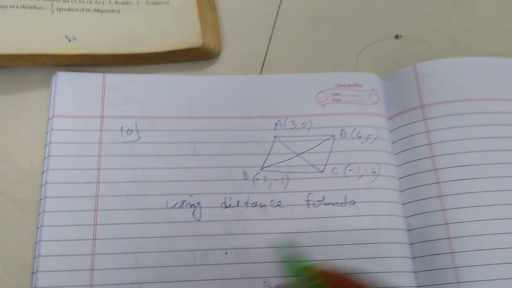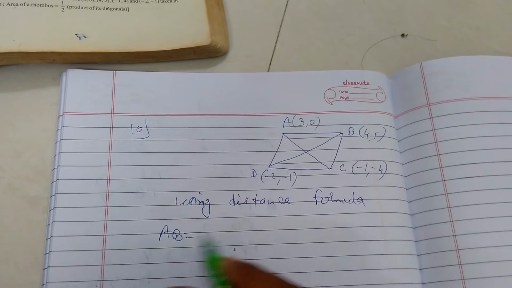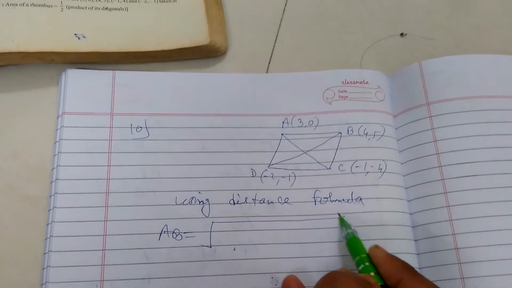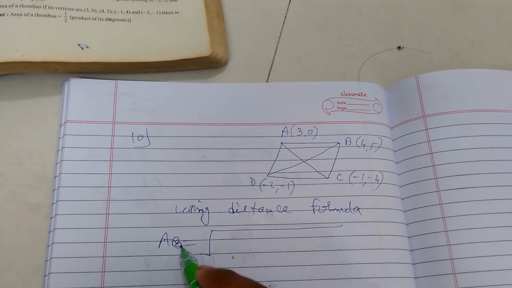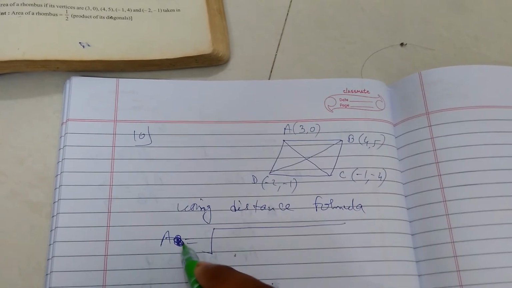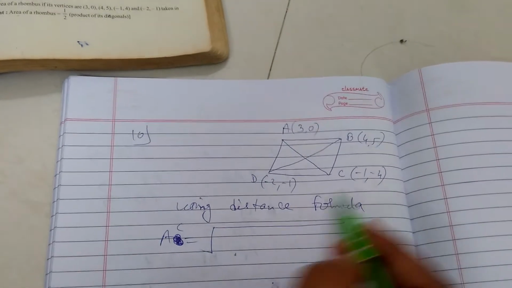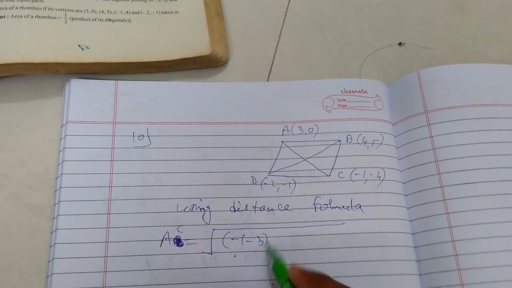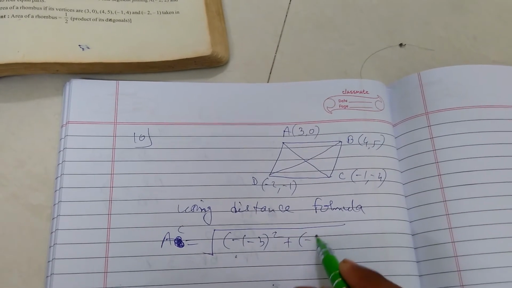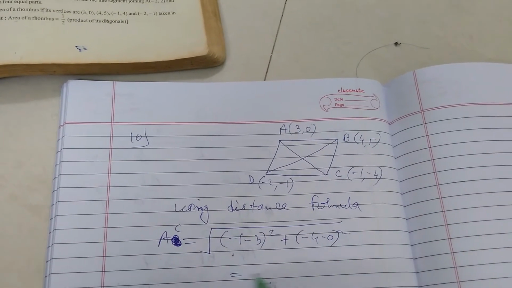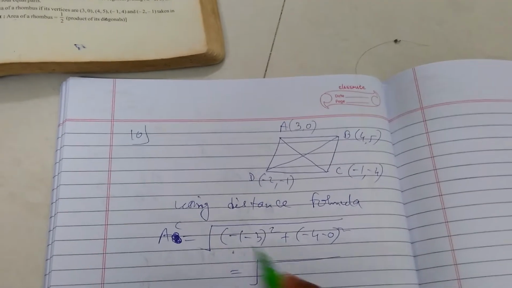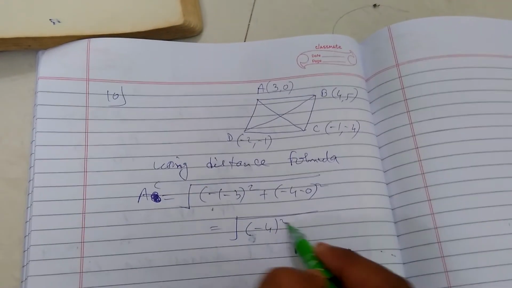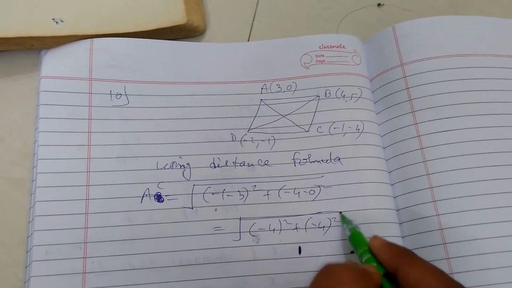Using the distance formula, for AC it is (-1 - 3) whole square plus (-4 - 0) whole square.